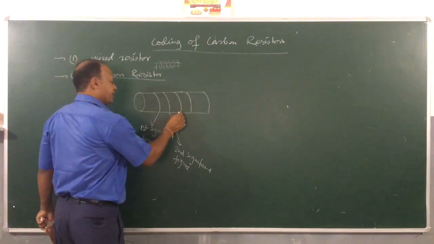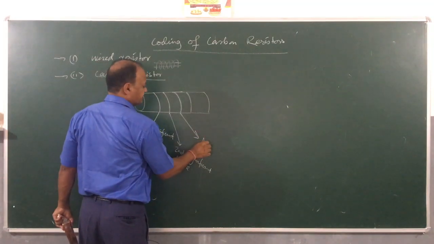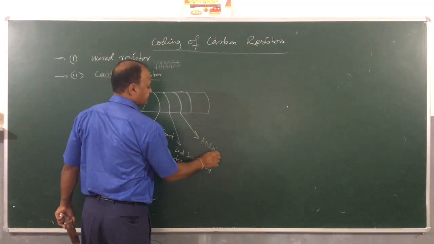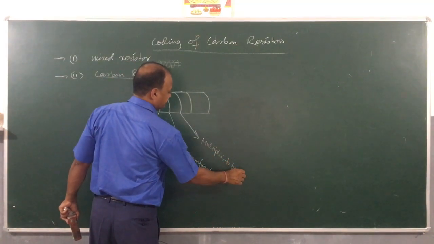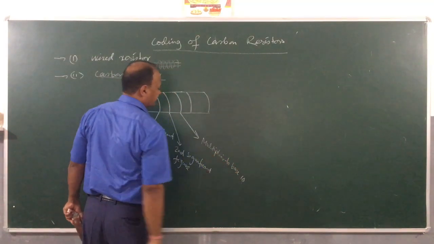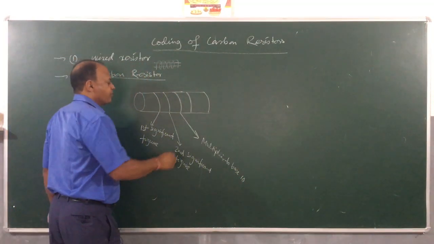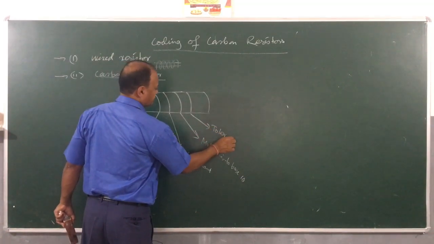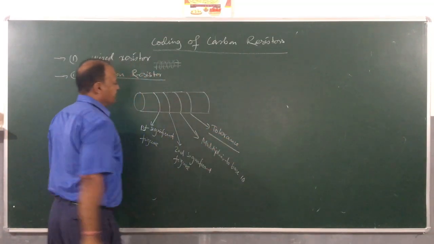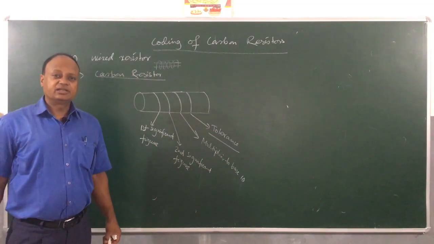The third stripe gives the multiplier to base 10. And then the fourth one gives tolerance, meaning what possible errors could be there in the resistance.